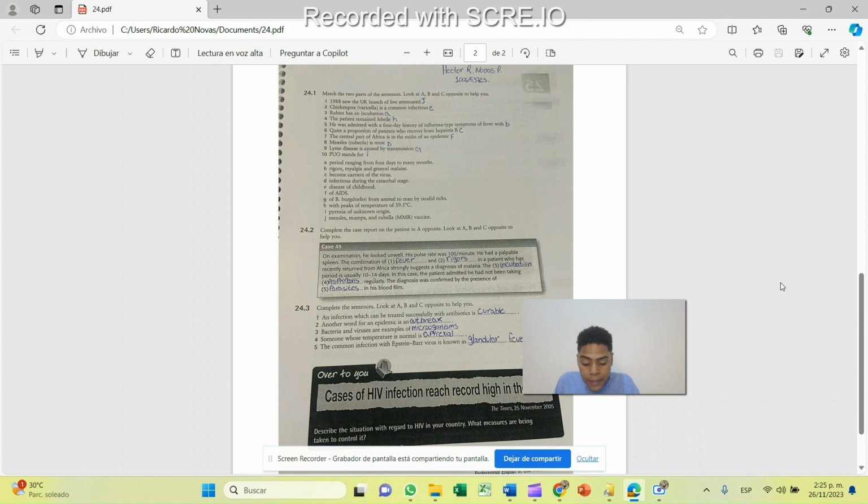Measles and rubella are most infectious during the catarrhal stage. 9. Lyme disease is caused by transmission of the Borrelia burgdorferi from animal to man by ticks. 10.